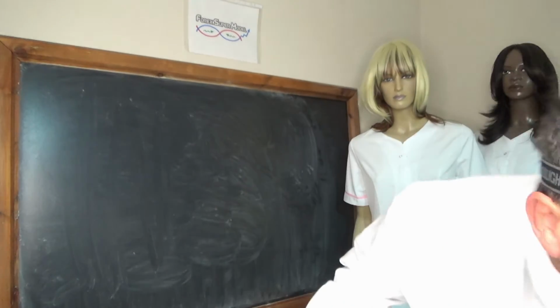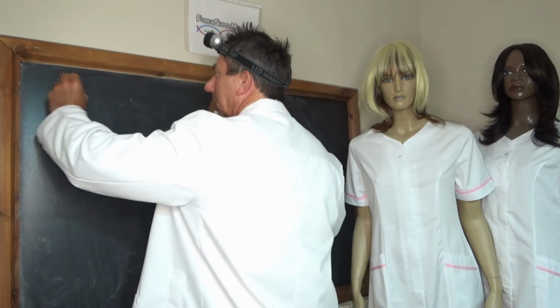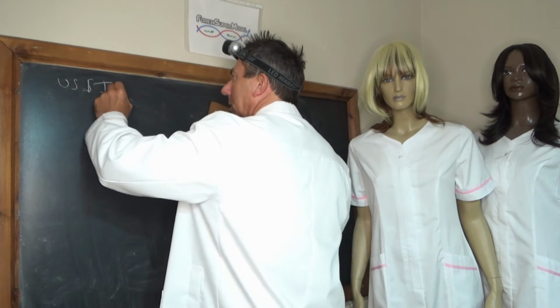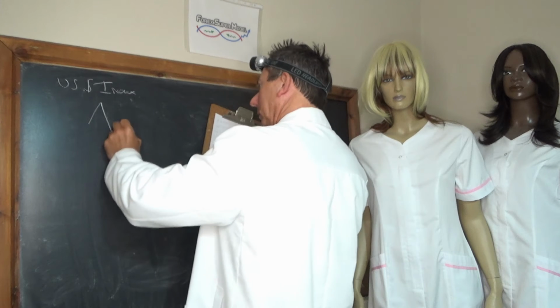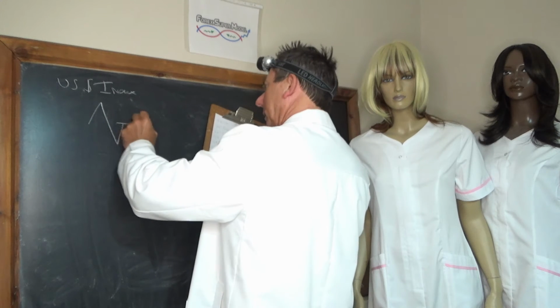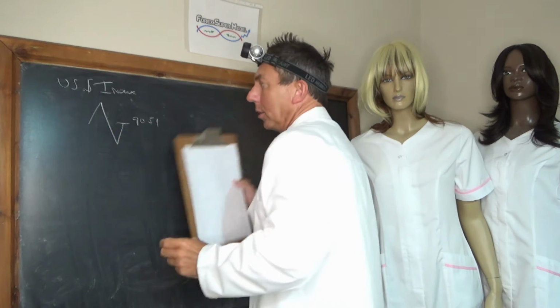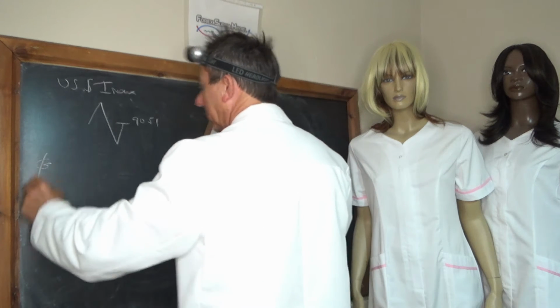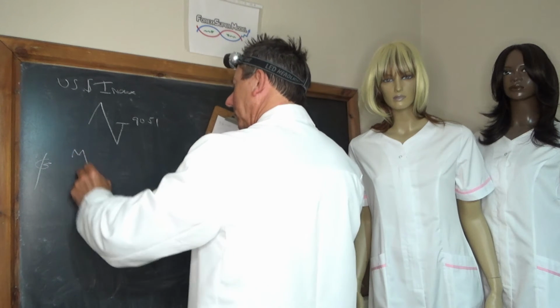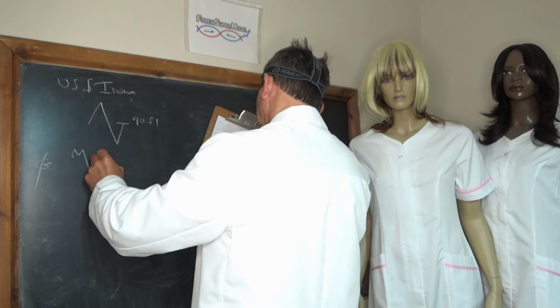All right, so US dollar index basically looks roughly like that. It's 90.51. The dollar's come back from the double lows really. Gold has come off.